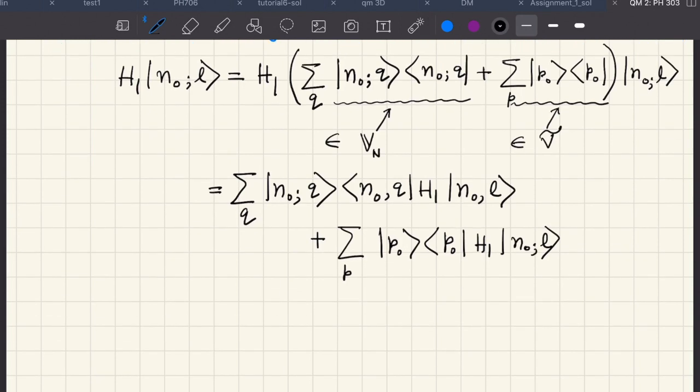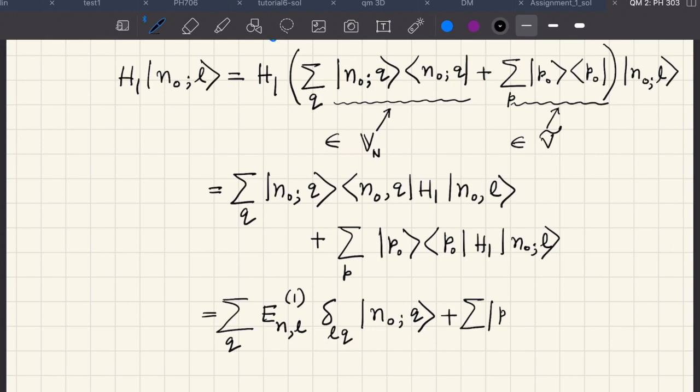This therefore can be written as the sum over Q of E N comma L1 delta L Q, ket N naught Q, plus sum over P of ket P naught bra P naught H1 N naught L. Why was I able to write this step?